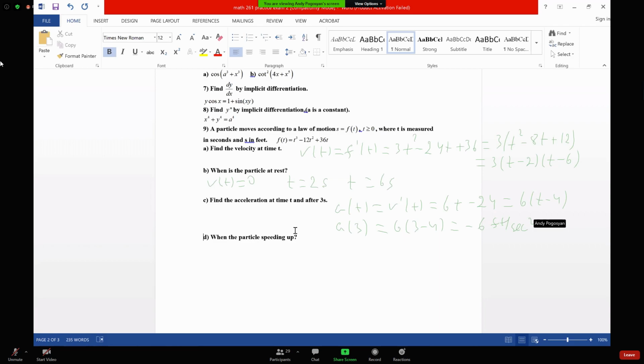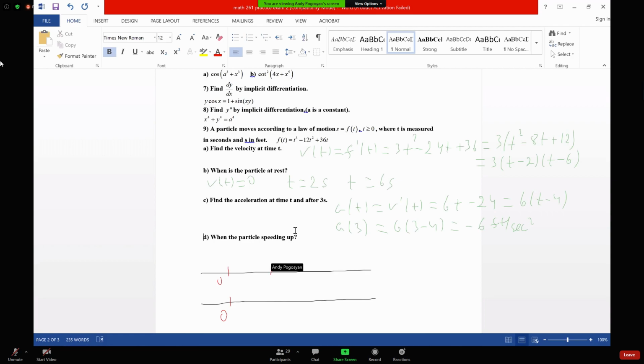When is the particle speeding up? So you need to draw two number lines. One for v(t), one for a(t). Okay, so let's start both at 0. v(t) becomes 0 at 2, so this is 2.